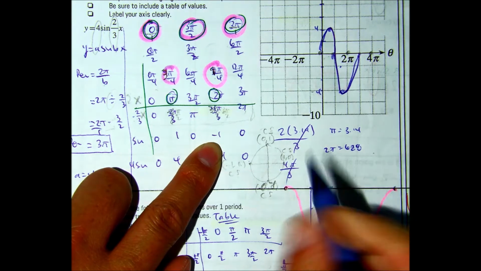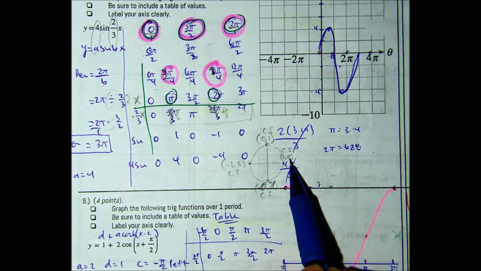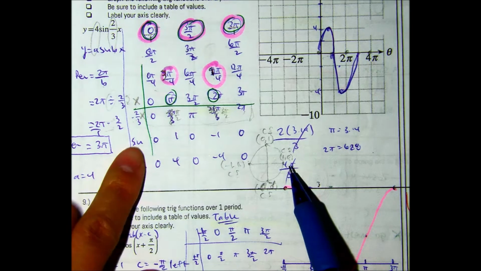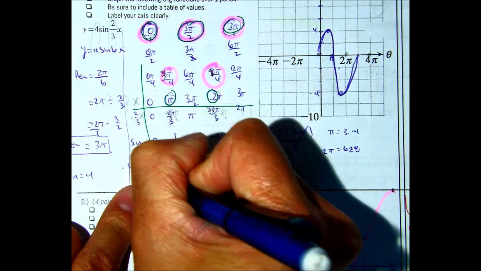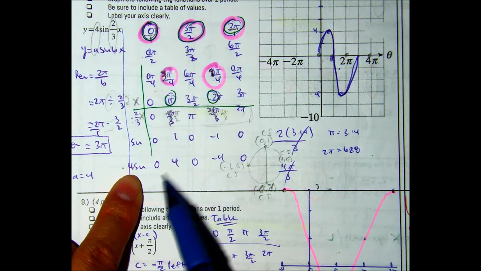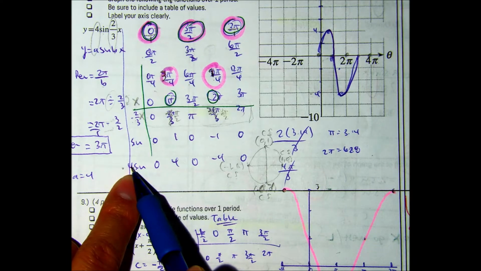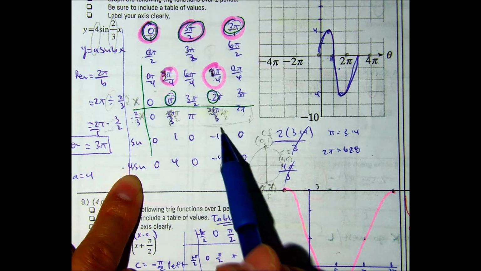And then sine at 2 pi should be 0. The last step is you're multiplying by 4. Do you see that? It's multiplication. So basically you just take this previous row and then multiply by 4. 4 times 0 is 0, 4 times 1 is 4, 4 times 0 is 0, 4 times -1 is -4, and 4 times 0 is 0.